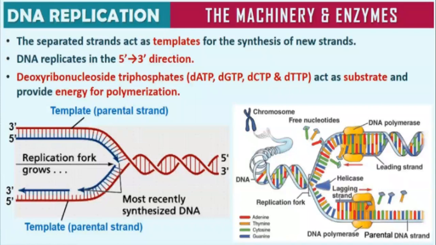Deoxyribonucleoside triphosphates, that is dATP, dGTP, dCTP and dTTP, act as substrates and provide energy for polymerization.